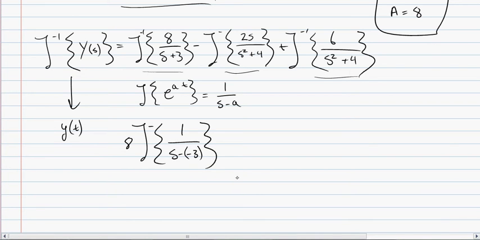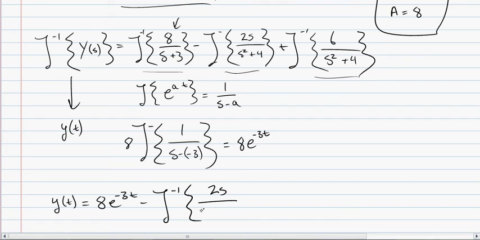So we can see that the function that when taken the transform of brings us to this guy here is going to be 8 times e to the negative 3t. So y of t is equal to 8e to the negative 3t. That's for starters.